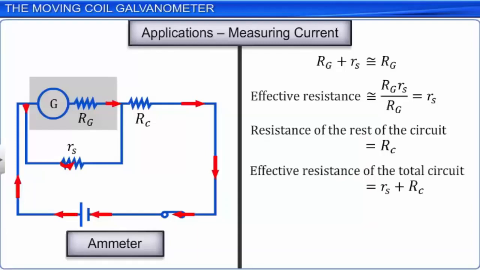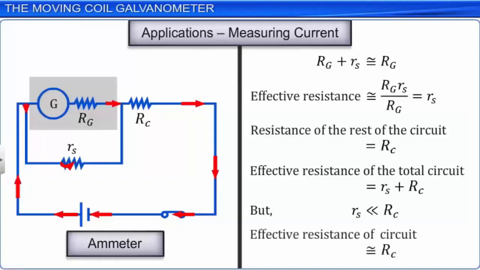But the value of the shunt resistance is a lot lesser than the resistance of the rest of the circuit. That is, RS is extremely small as compared to RC. Thus, the effective resistance of the total circuit is approximately equal to RC.